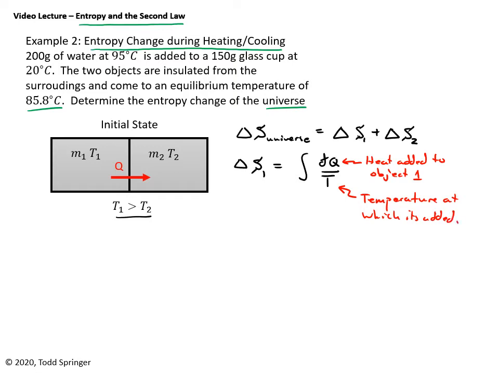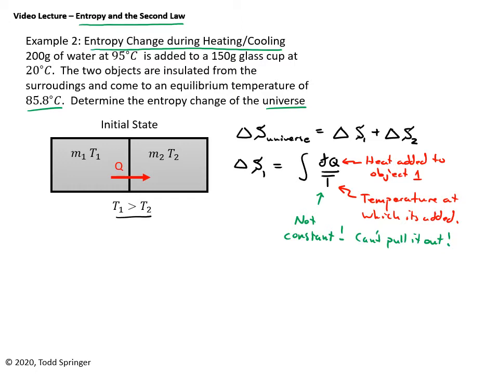Okay, now in the previous example, T was constant, so I could pull it outside. But in this case, I can't pull T outside. T is not constant, because as heat flows out of object 1, its temperature changes. So I have to leave it inside the integral.